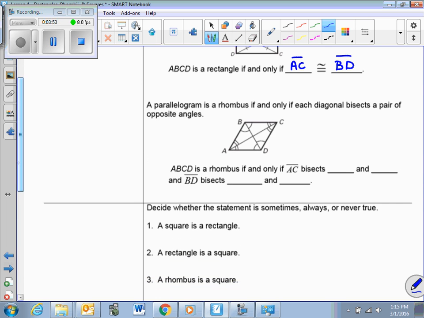Alrighty. A parallelogram is a rhombus if and only if each diagonal bisects a pair of opposite angles.